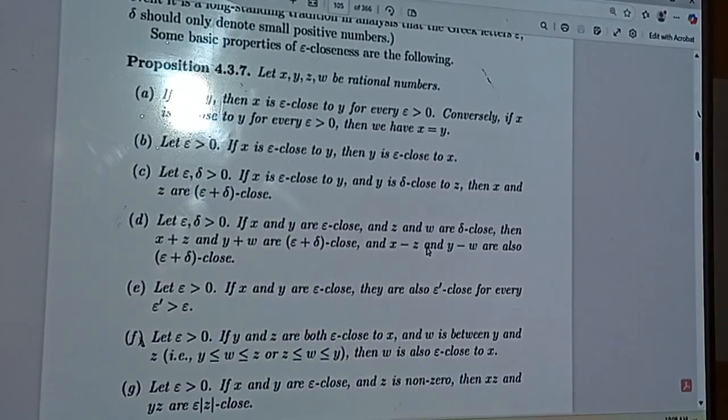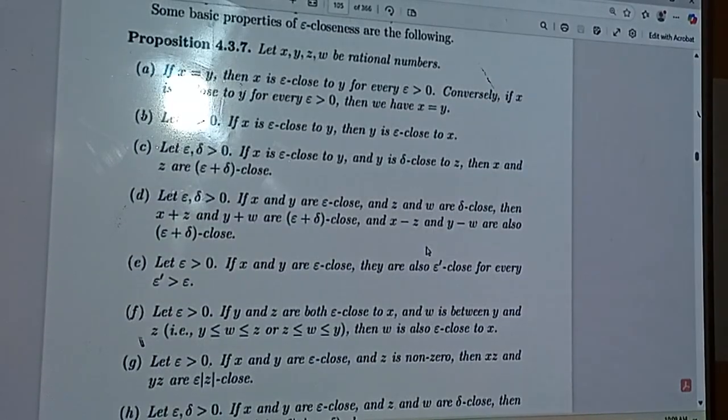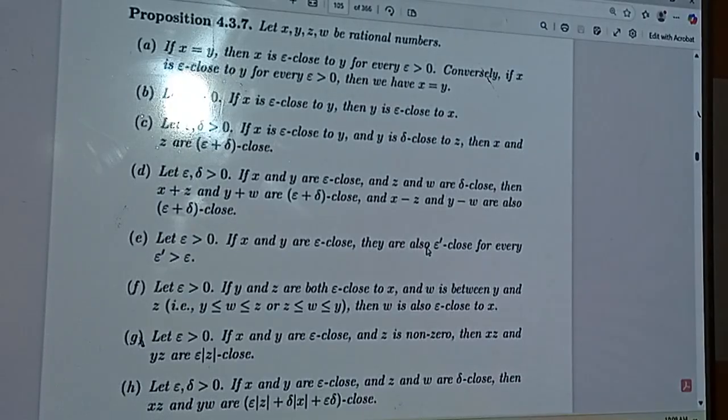Then absolute value of z times (x minus y). That is absolute value of x minus y times absolute value of z. Absolute value of x minus y less than epsilon. Therefore, that quantity is less than epsilon times mod z. Clear? Very clear? So, many things are mechanical. Then this one the same way.